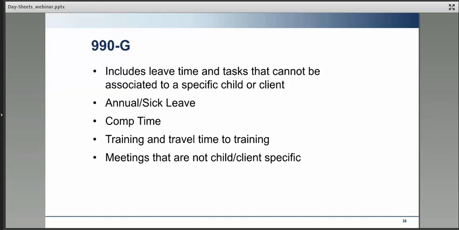But that's why it's so critical to get your other areas accurate, because the reimbursement you get for the coding you put to 990G is dependent on how you've done your other coding. So we won't go into too much more detail about that. You can always reach out to your business staff, business team, or your local billing liaison if you have questions about that.